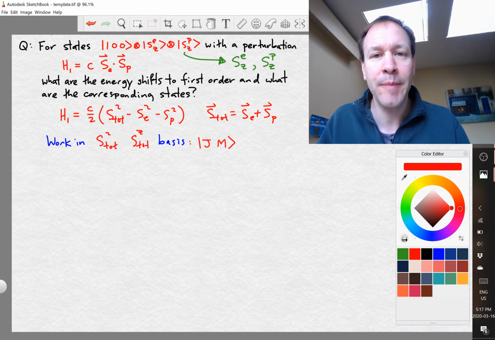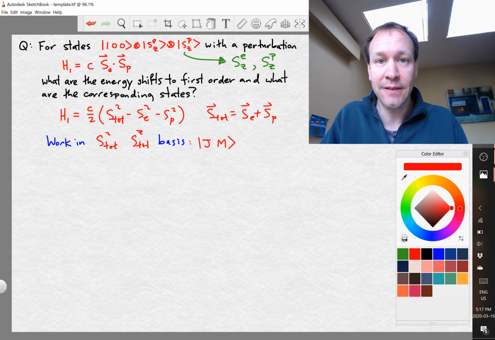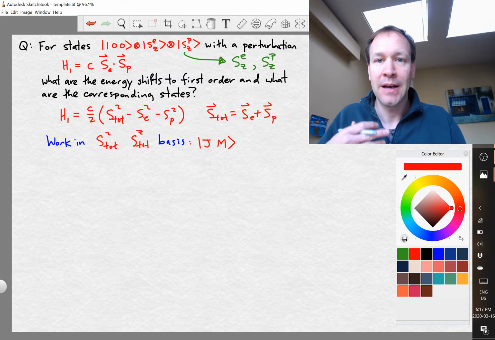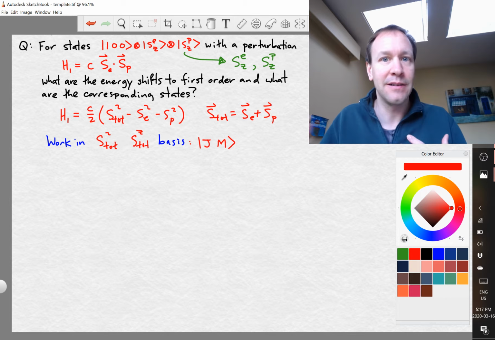Our total orbital angular momentum is 0 for this set of states, so we're just not considering it. We don't need to consider it because Lz is 0, Lx is 0, Ly is 0, L squared is 0.